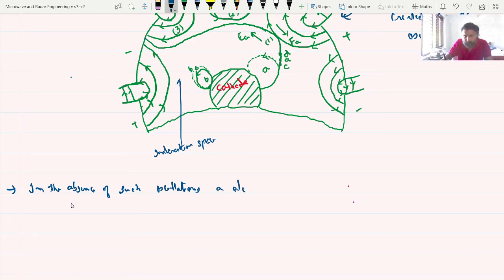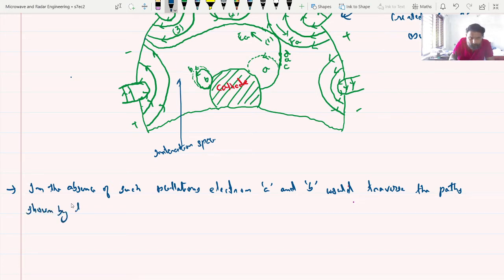Electrons A and B would traverse the path shown by the dotted line, the parallel lines like the circles, in the above figure.